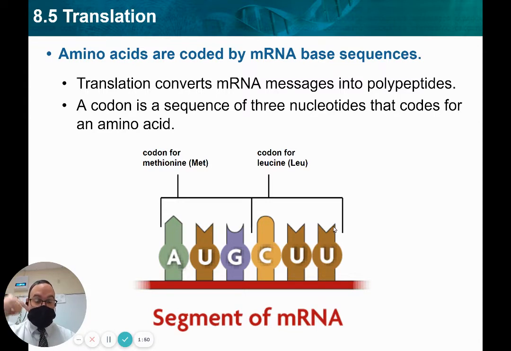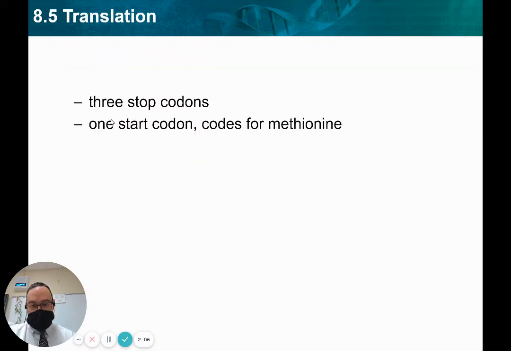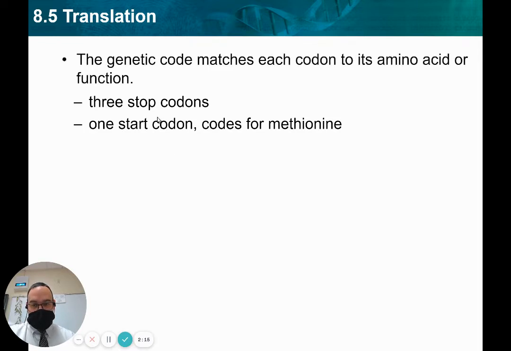It's read in triplets, and it's read from a start, which is one of the starts that we use is AUG. It's read from a start, and then every three after that start. So AUG again is the start, and there's three stop codons. There's three ways to stop, and I'm going to show you a chart here.